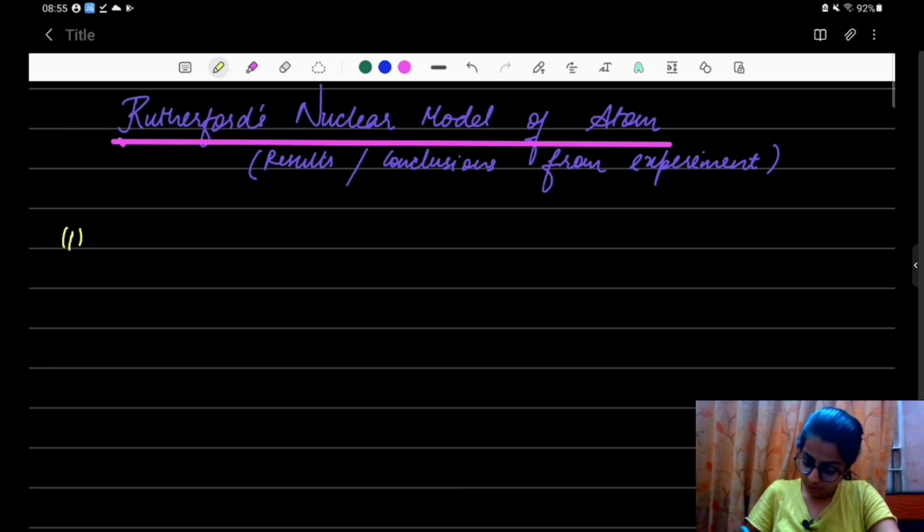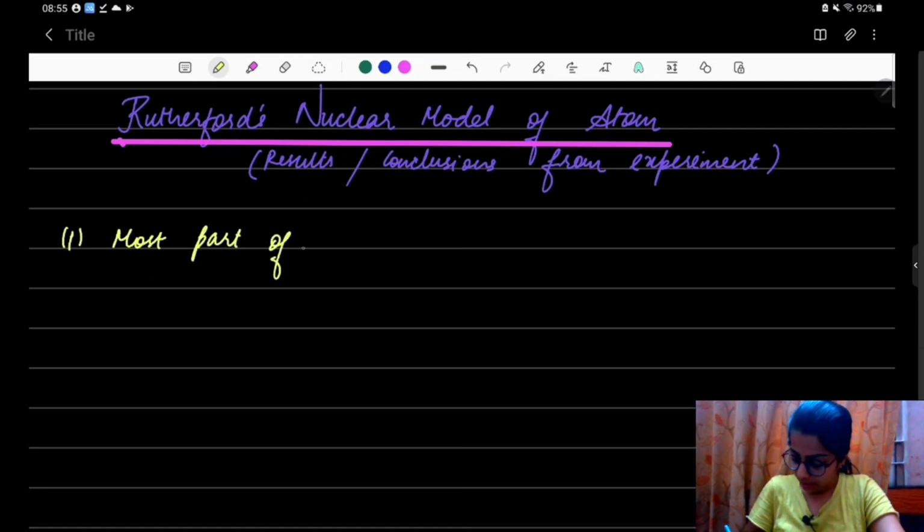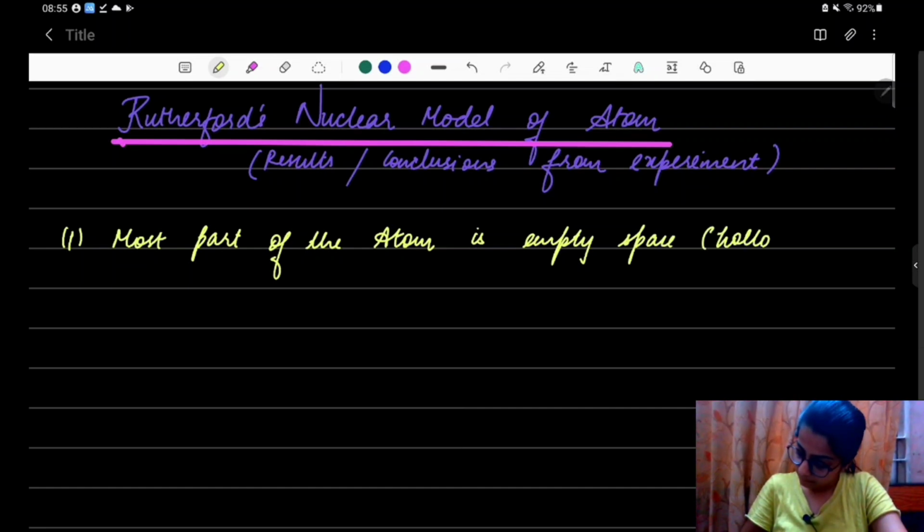The first observation was most part of the atom is empty space, that is hollow. What is the reason?